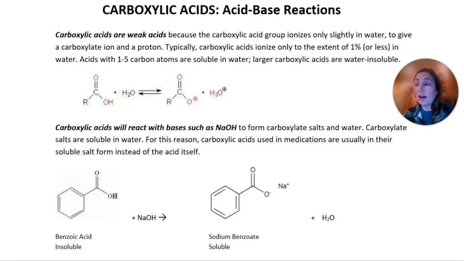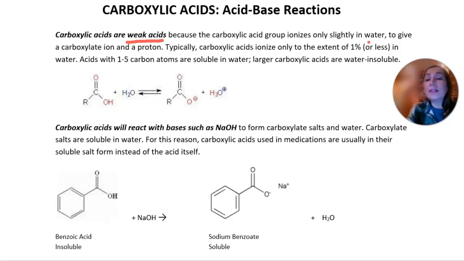Some people say they dissociate anywhere from 1 to 3% or 1 to 5%, but 1% is certainly in that weak acid category, especially if it's 1% or less. Also, carboxylic acids with 1 to 5 carbon atoms are soluble in water, and larger carboxylic acids are water insoluble. So what are the big things to remember here?